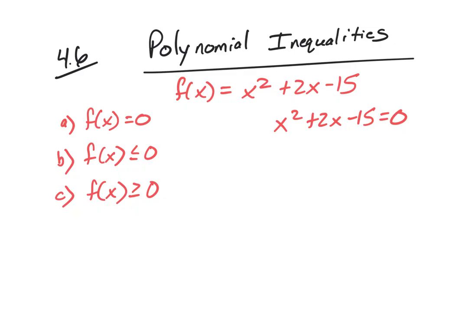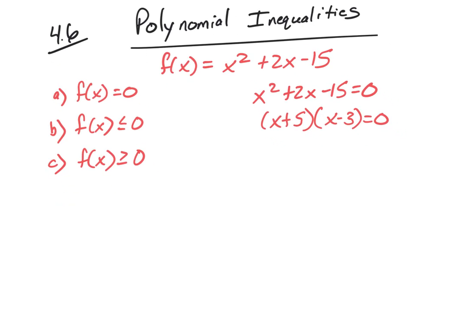So on this one, we could do x plus 5, and we could do x minus 3. And those would be my two factors. If I set both of those equal to 0, I get x equals negative 5, and I get x equals 3.